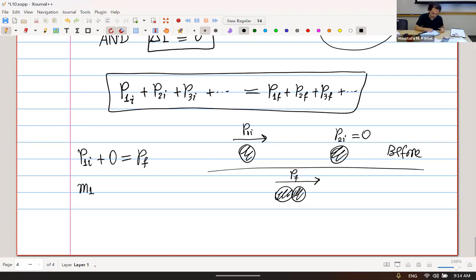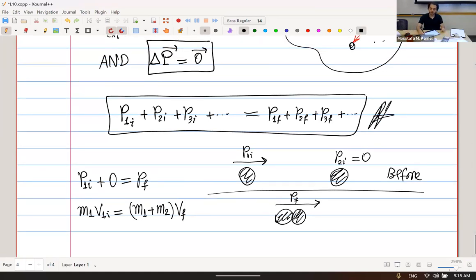And this is basically saying the mass of object 1 times the initial velocity of object 1 equals the total mass of both of them times the final velocity of both of them, because they're combined as one object now. So you can see all variations of collision problems as long as you know how to apply conservation of momentum. You need to understand how to choose a system to have no external forces acting on the system, and then momentum will be conserved this way.